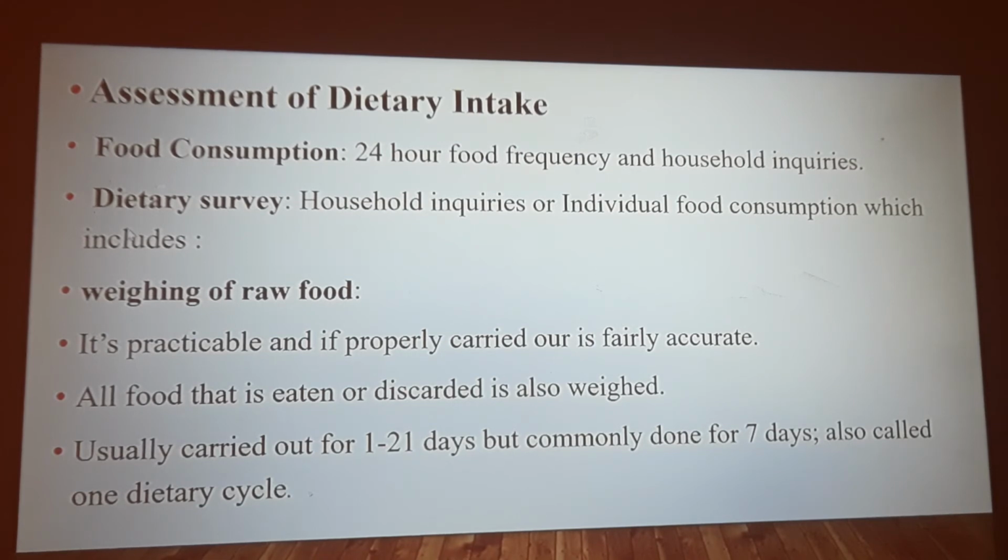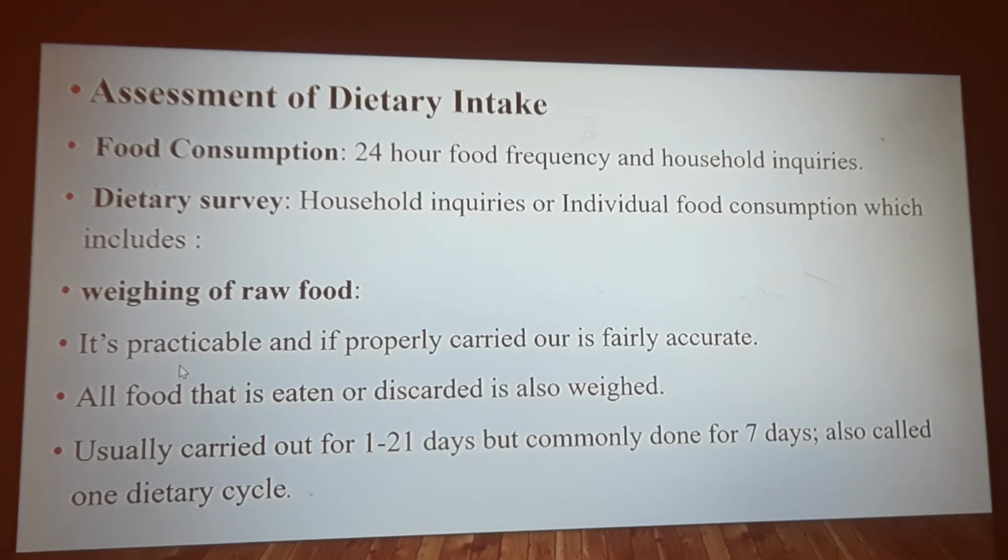The next one is dietary survey. In a dietary survey, like household inquiries or individual food consumption, we are inquiring what kind of food they are taking, for example weighing of raw food, how much raw food they are taking.